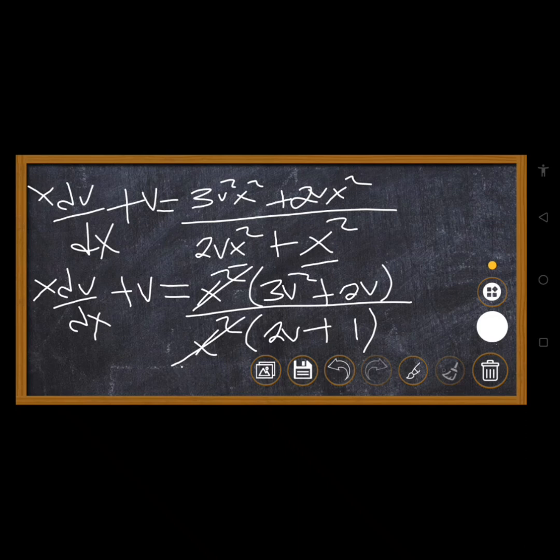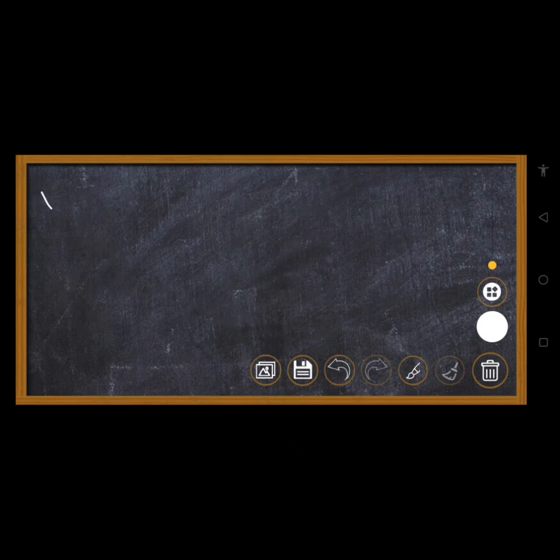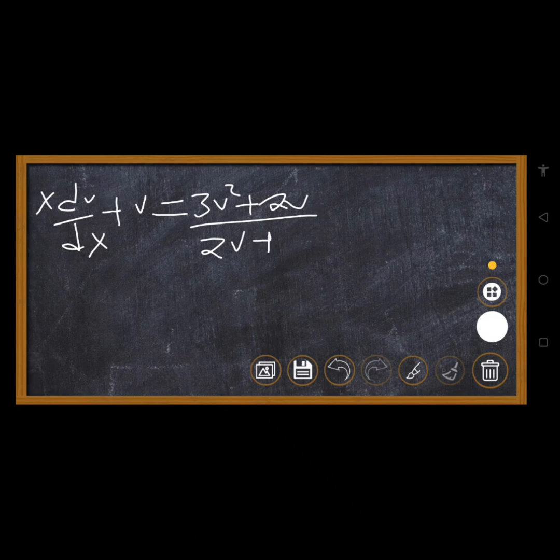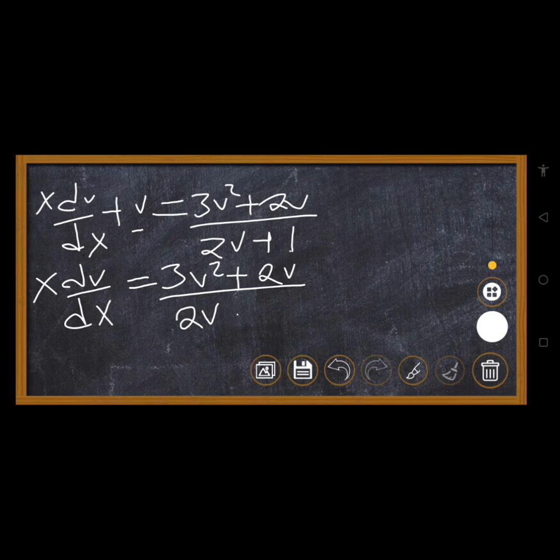After we cancel this, we are remaining with x dv over dx plus v equals 3v squared plus 2v divided by 2v plus 1. We can simplify this further by moving v to the right part, so that here we just remain with x dv over dx equals 3v squared plus 2v over 2v plus 1.